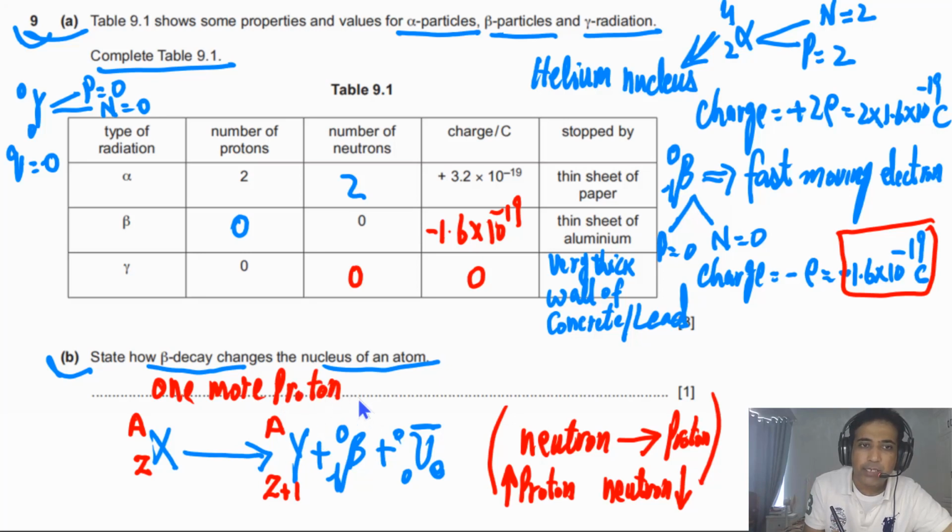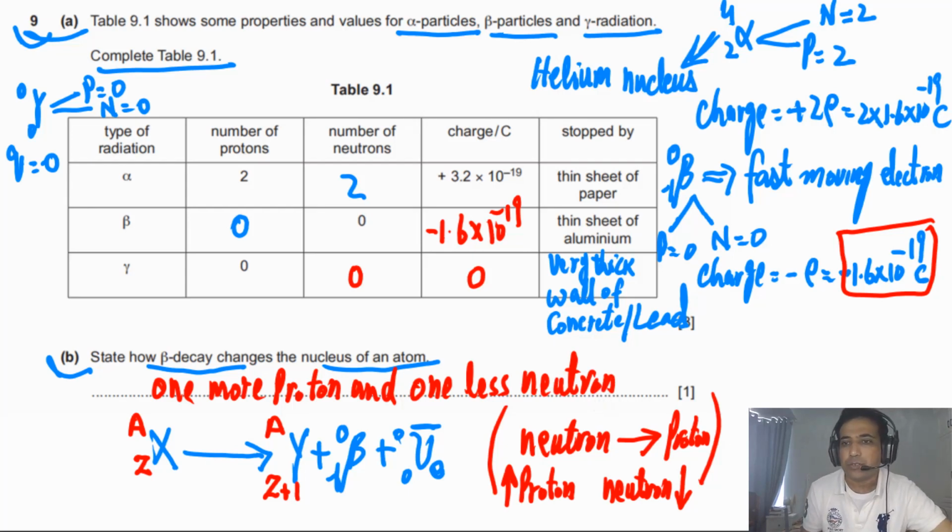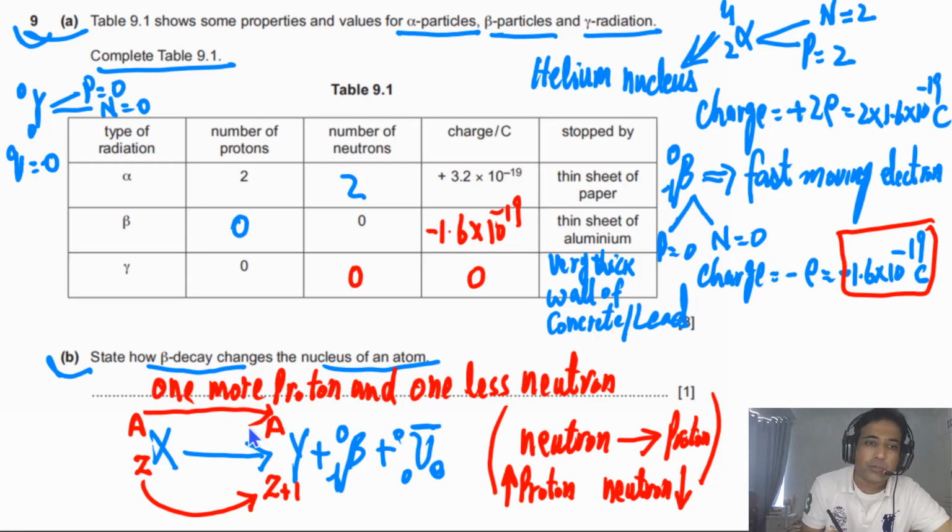So we can say one more proton and one less neutron in nucleus Y. So this point you have to write down, and this is how you can answer this question. So simply you have to understand how the proton number is changing and how the mass number remains constant. So if mass number remains constant and proton number increases by 1, it means 1 neutron changes into 1 proton. So this nucleus has 1 extra proton and 1 less neutron.